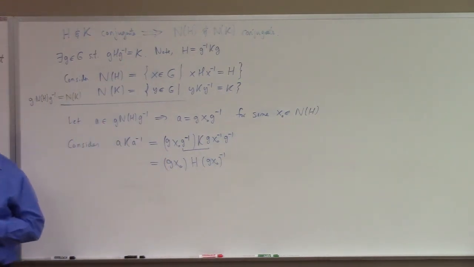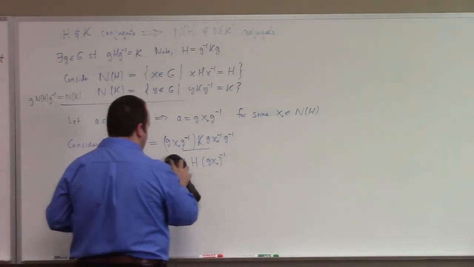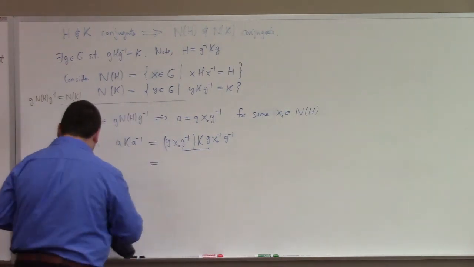Where is x naught from? The normalizer of H, which means what is x naught? How does x naught interface with H?